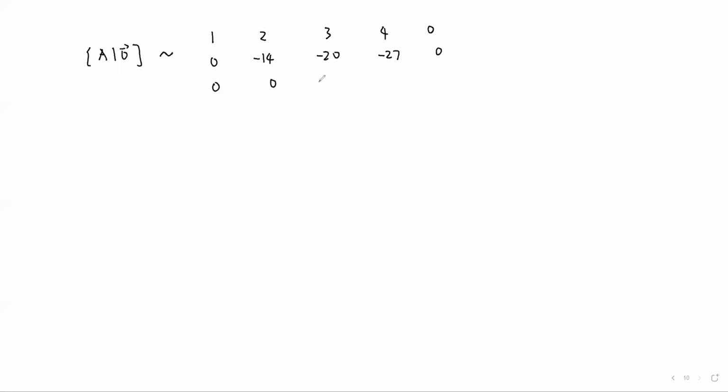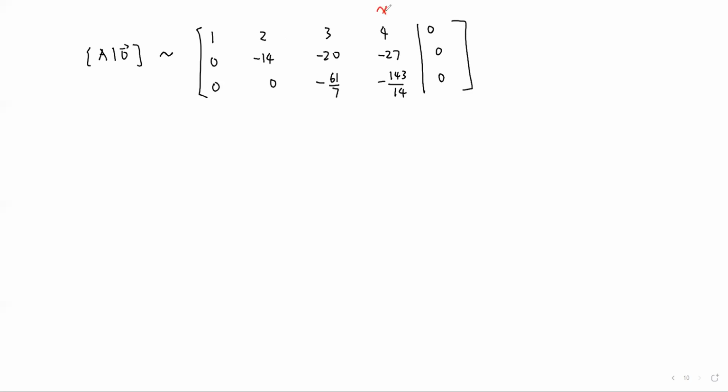The echelon form has entries 0, 0, negative 61 over 7, 143 over 14, then 0. From the echelon form, I can tell whether there is a free variable. X1, first column, contains a pivot, so x1 is basic. X2 basic. X3 basic.